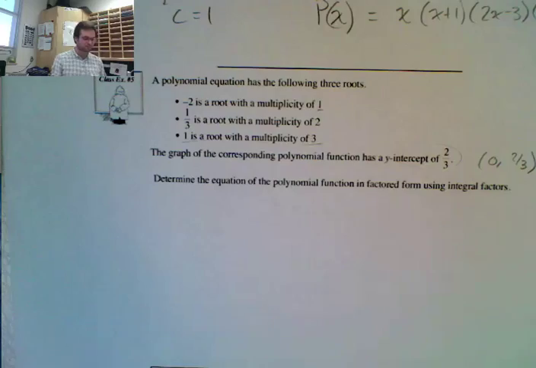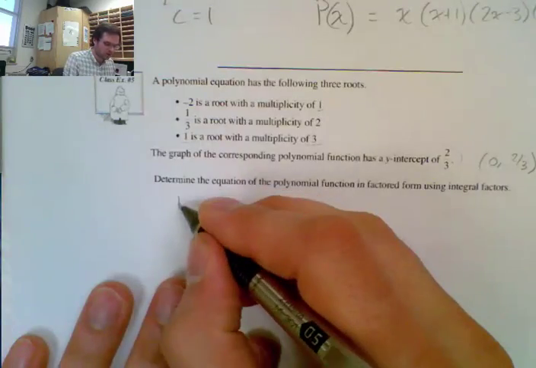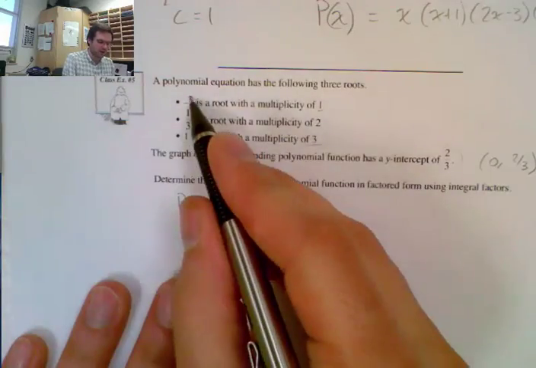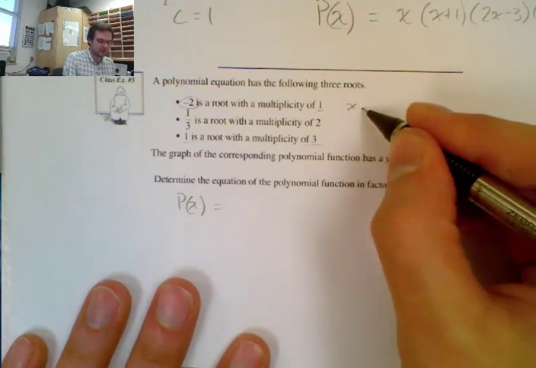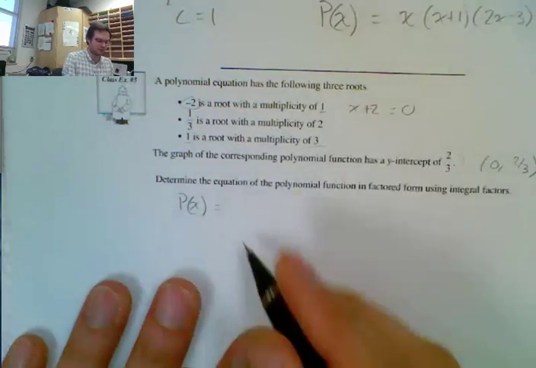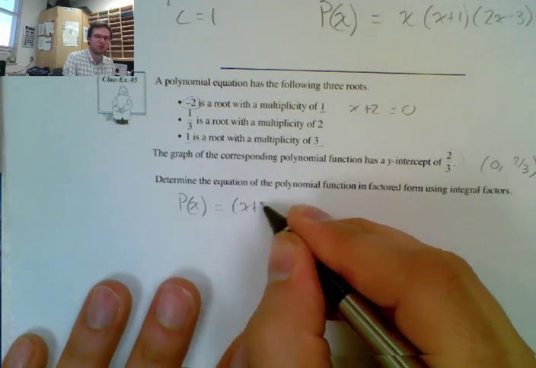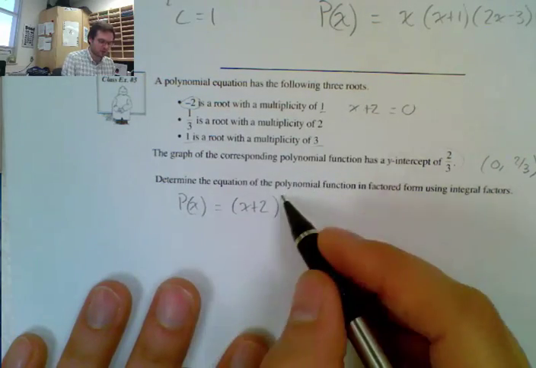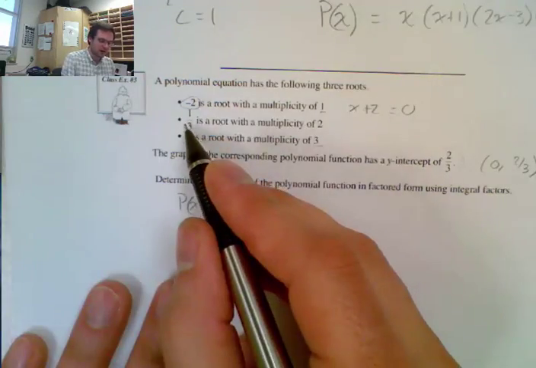Okay. So first of all, we'll look at p of x. We have one root, negative 2. So this is the same as x plus 2 equals 0, which gives us negative 2. So we're going to have x plus 2 as one factor, and that is of multiplicity 1, so degree 1. Then we have 1/3.